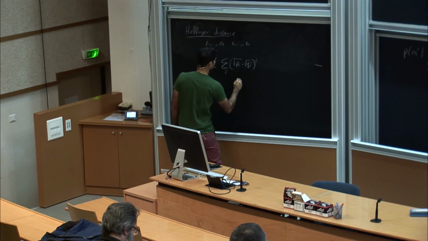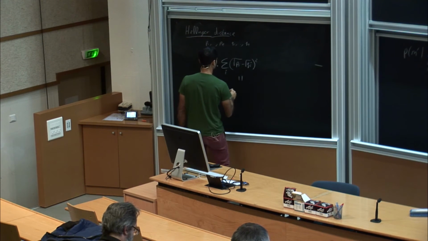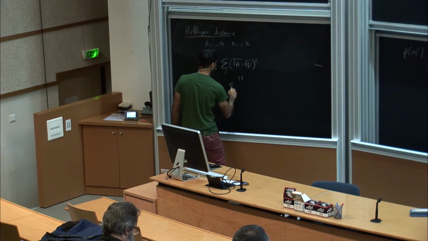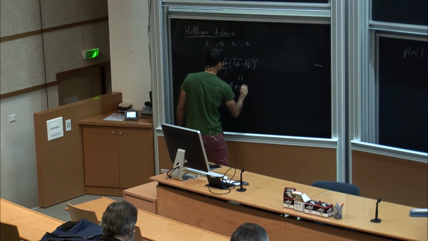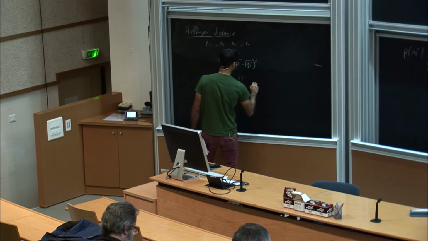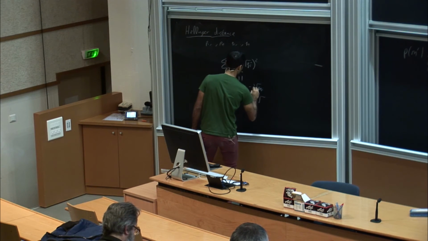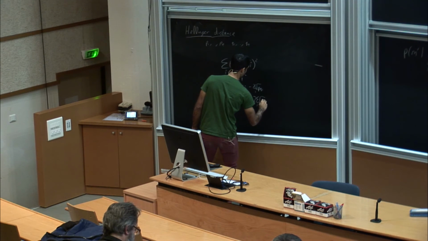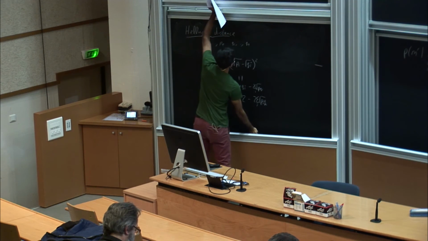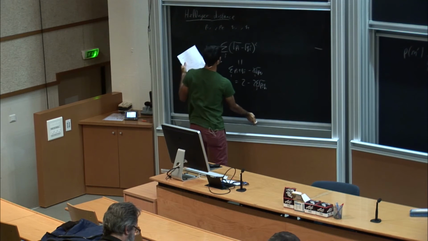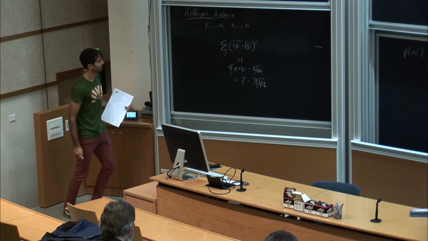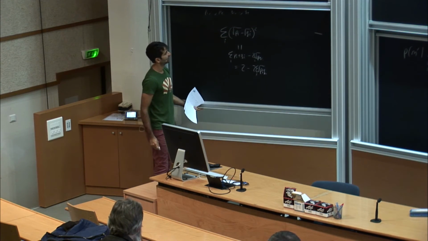One way to write it: if you just open up the square, what you get is the sum over i of Pi plus Qi minus 2 square root of Pi Qi, which is equal to 2 minus 2 times the sum over i of the square root of Pi Qi.